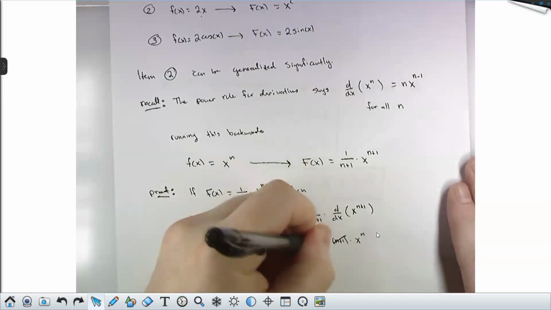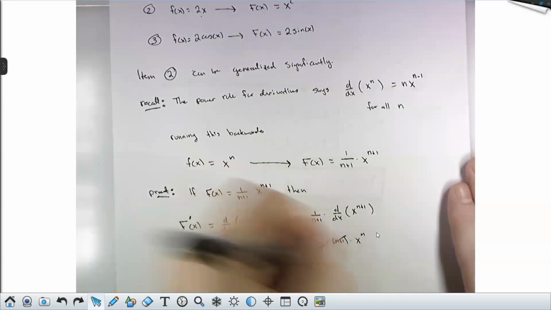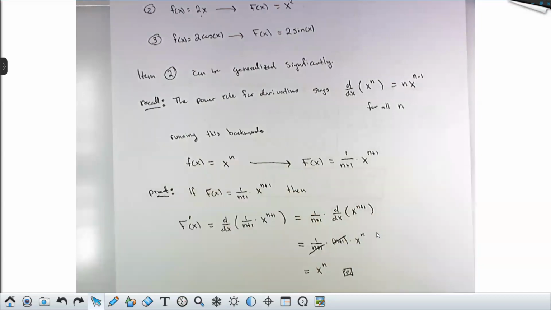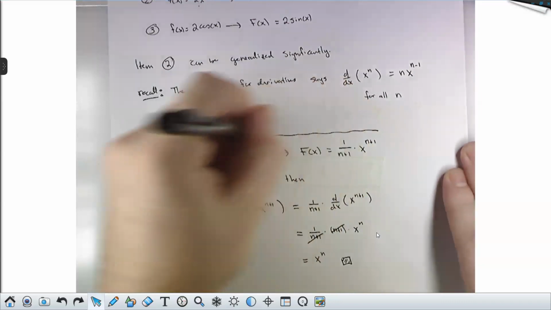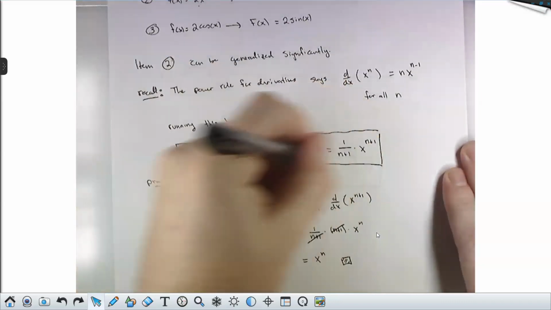And these cancel. So we get just good old-fashioned x to the n, and that's the proof. So this is your power rule for antiderivatives.